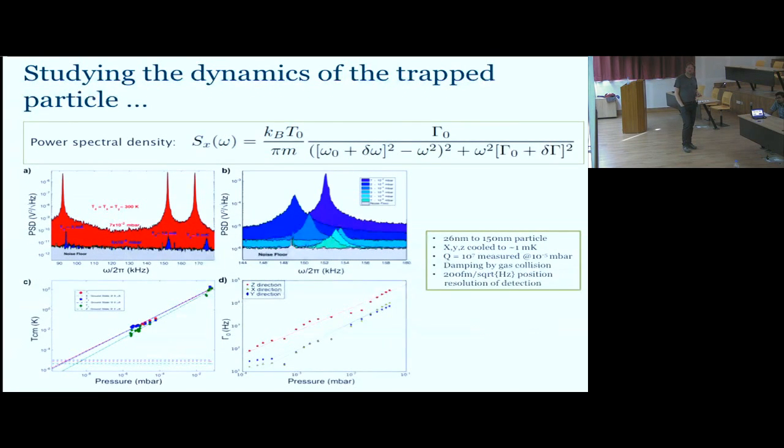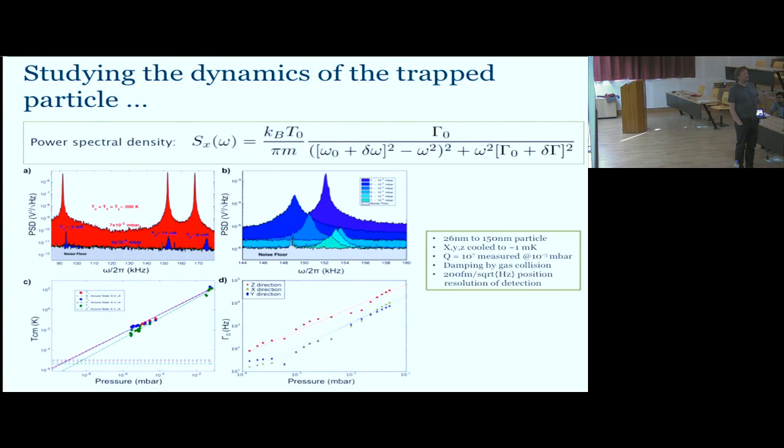A temperature of something like a millikelvin corresponds for this system to something like 150 phonons. It's a thermal state, a thermal distribution, but the mean phonon number is 150, and in Lukas Novotny's experiment it is something like 20 or 24. So he has reached his recoil limit.